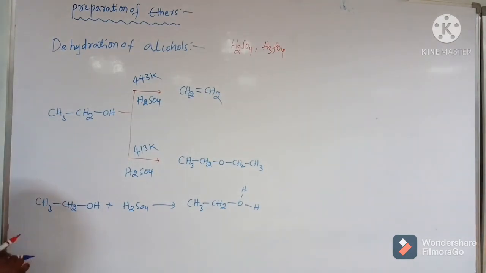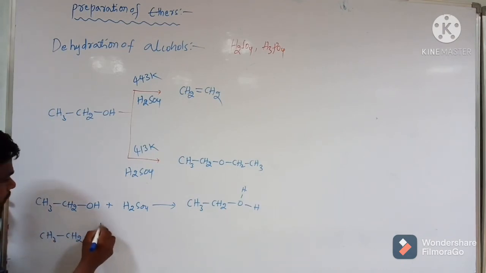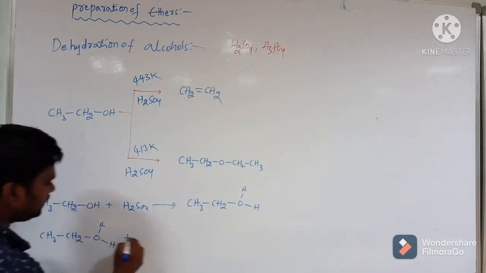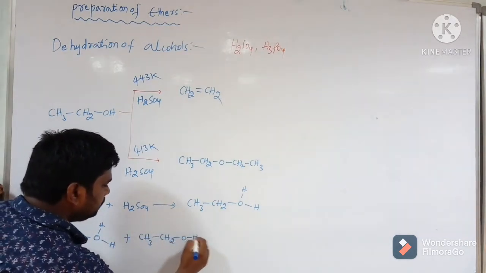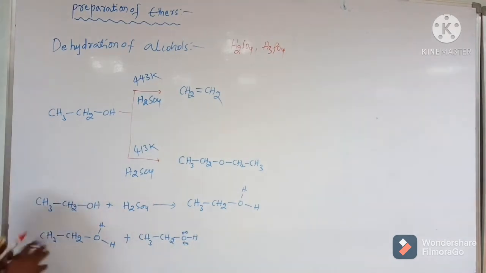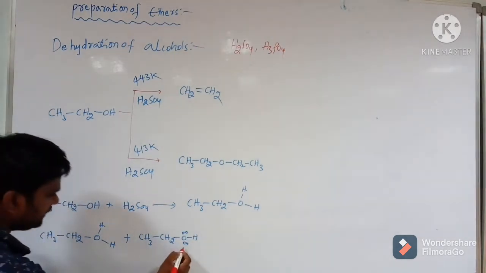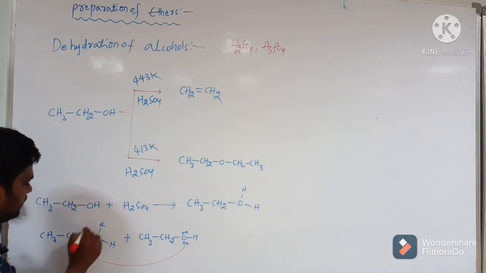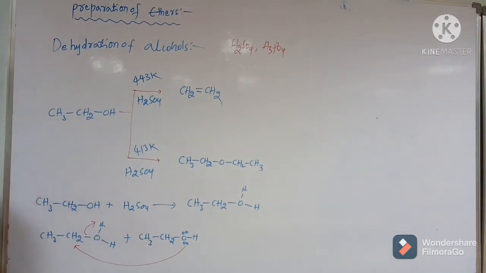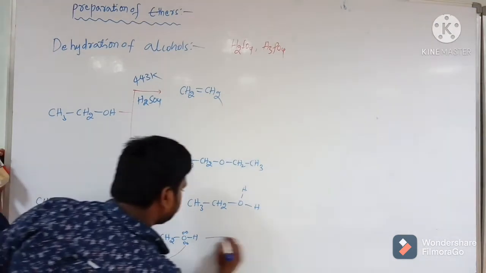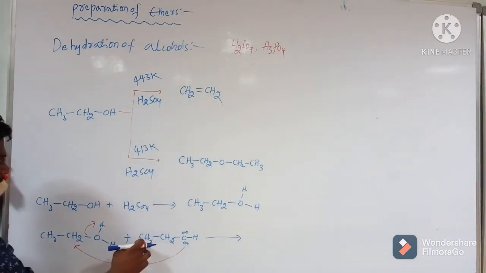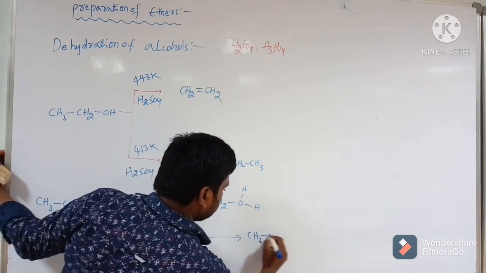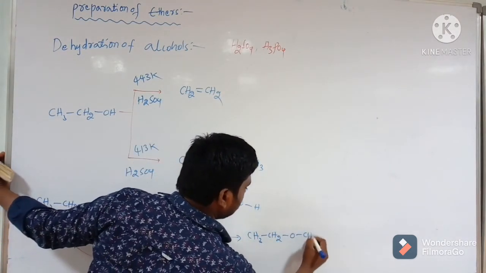CH3CH2OH plus CH3CH2OH: substitution takes place here, and this is removed as H2O. Easily we get CH3CH2OCH2CH3. So this type of mechanism takes place.